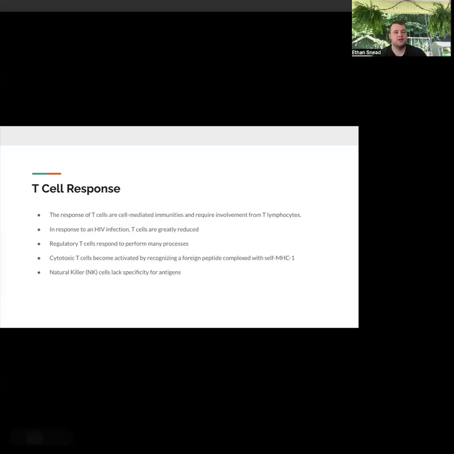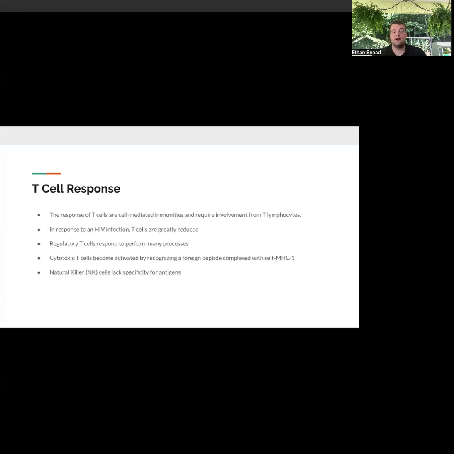Cytotoxic T cells are active when they are activated. They recognize foreign peptide complexes that are complexed with self MHC I and presented to them, and they mount a direct attack upon the cells they are targeting.